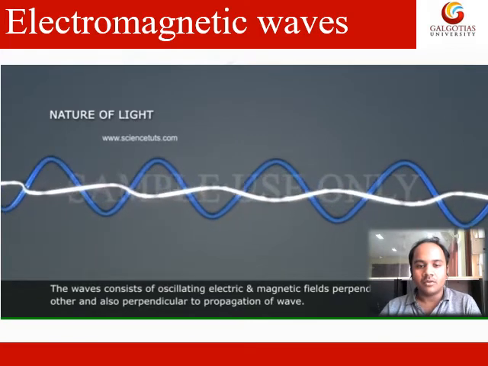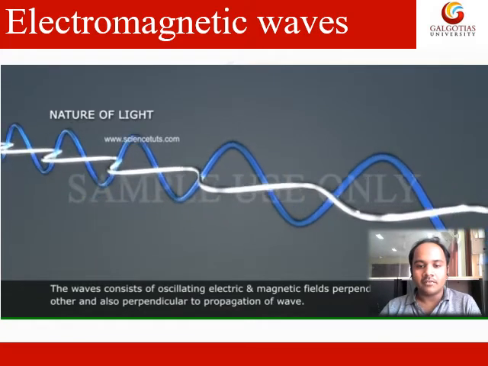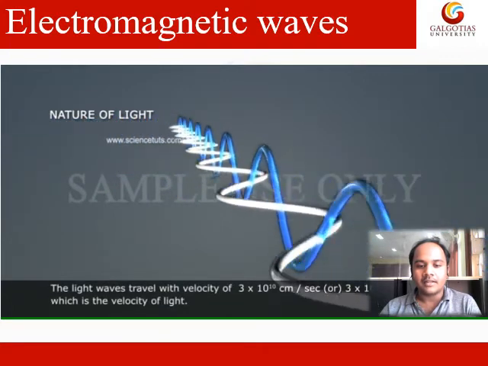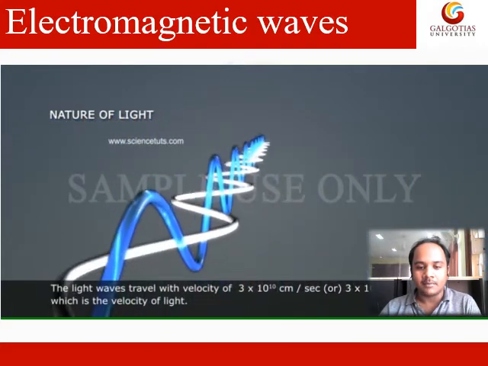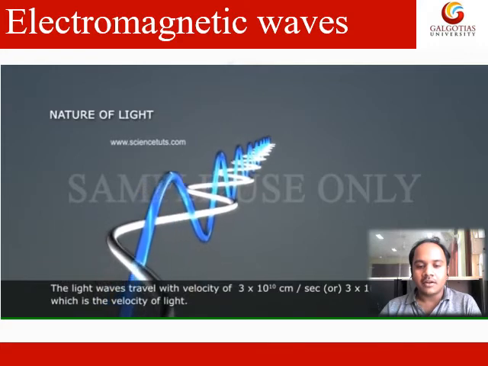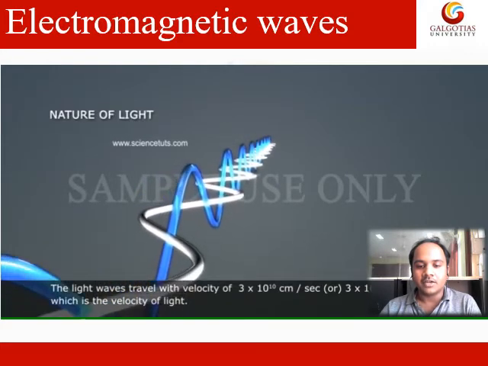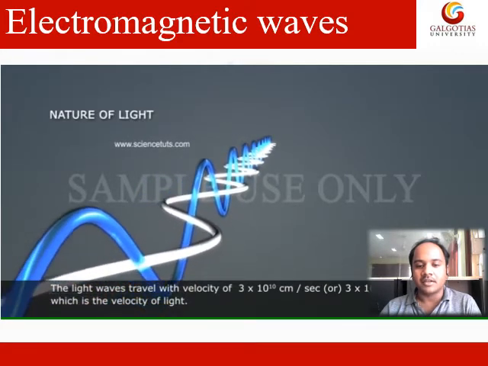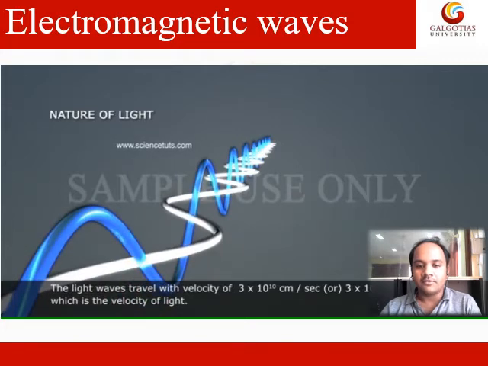This is how light under electromagnetic wave will be created, and the velocity of light travelling in the electromagnetic spectrum is 3 × 10^10 centimeters per second, which is the velocity of light.